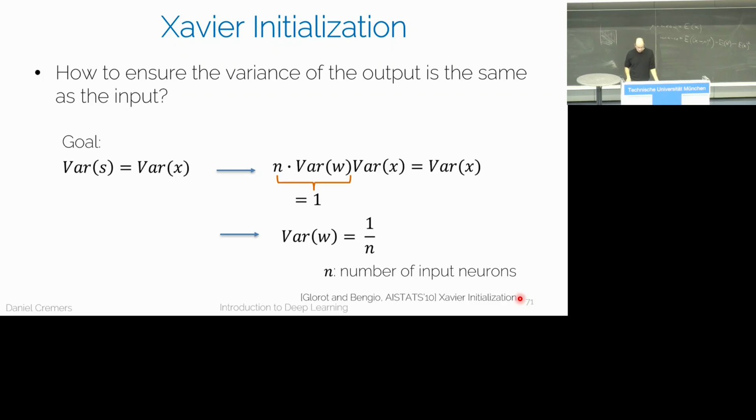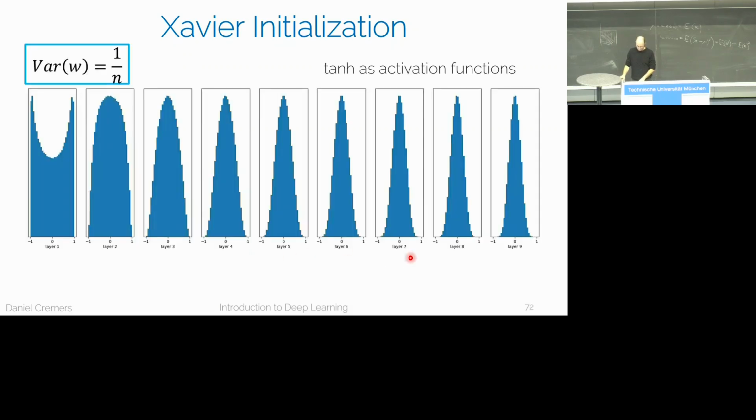This is called the Xavier initialization. It shows you that you cannot choose a constant standard deviation for all the weights in your network. The standard deviation or the variance has to scale with the number of weights in each layer, as in 1 over n here. Once you do that, he showed it in the same example that we had with the Tanh activation function with 10 layers, 500 neurons each.